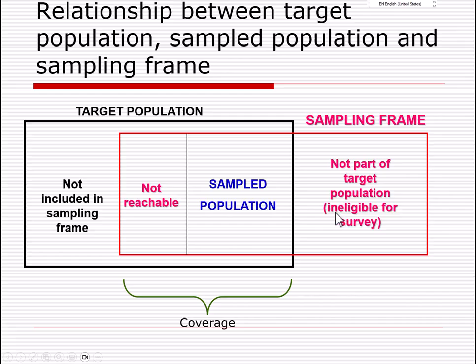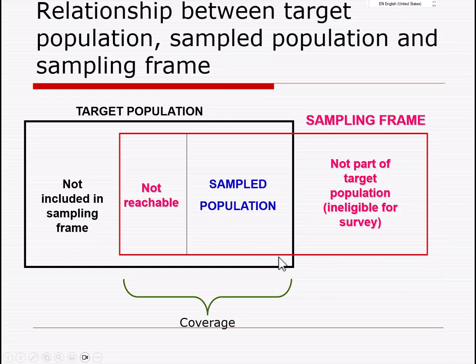So for example, if you want to study assistant professors in education, and you obtain a sampling frame from the American Educational Association, it will contain individuals that have left academia, and they are not part of the target population, or may contain individuals that are not assistant professors, or may contain individuals that change institutions, so they are assistant professors in one institution, but now they're assistant professors in another institution, so their old email no longer works, they would be not reachable.